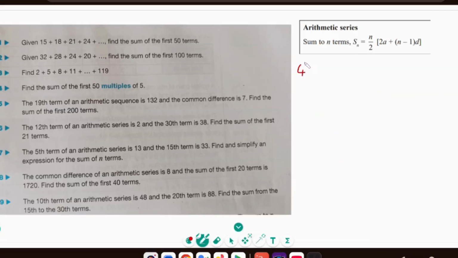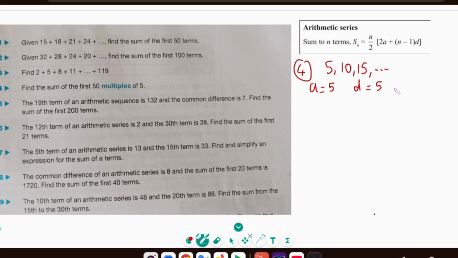Question 4. Find the sum of the first 50 multiples of 5. Just going to write out the sequence. A is 5, D is 5.